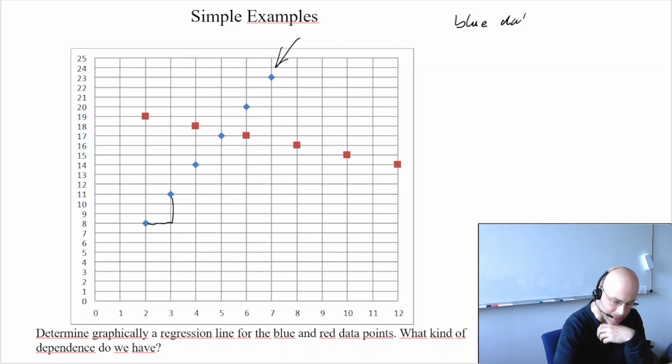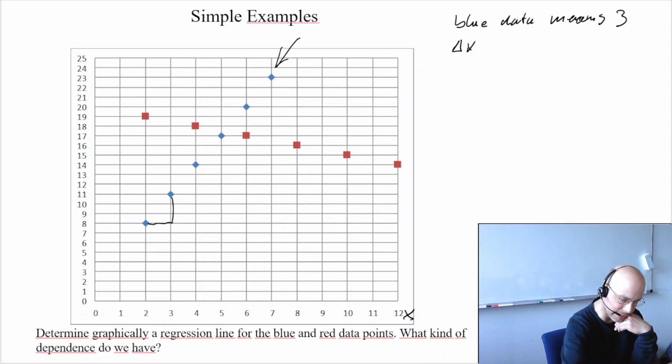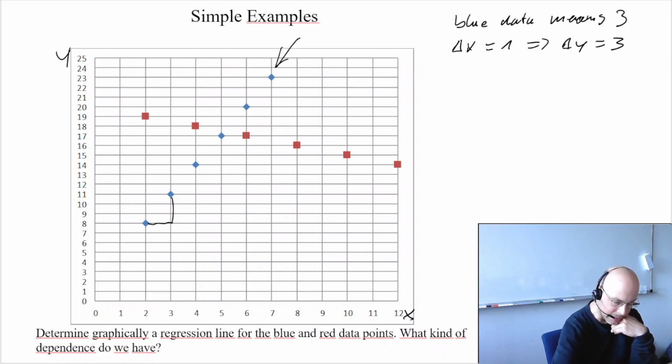Blue data means 3, of course. So delta x, if this is x and this is y, delta x is 1, then delta y is 3. And if we look at these data points, this is always the same.